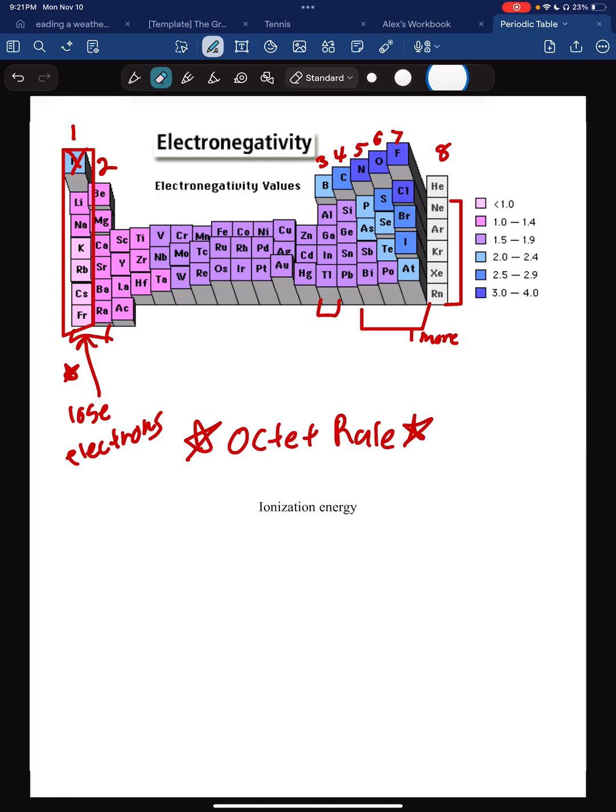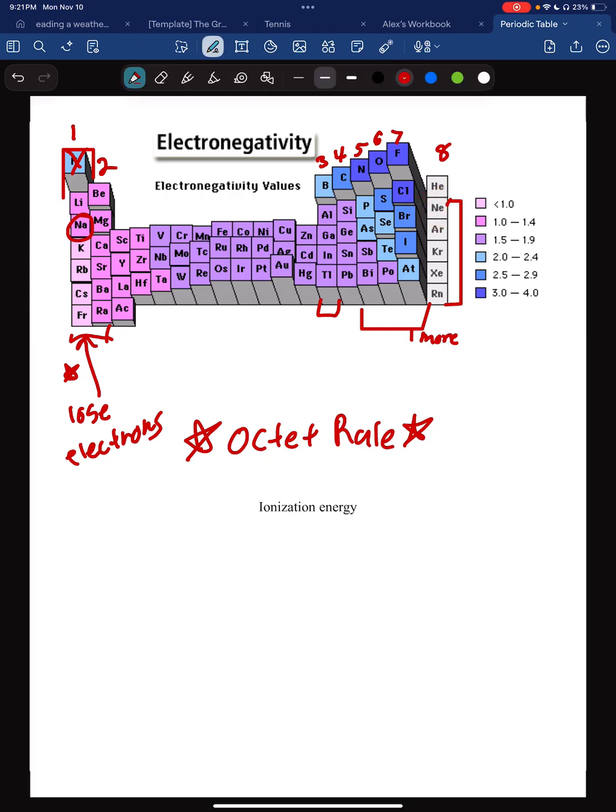Because if they lose electrons, they fall back into the previous orbital. For example, if we're looking at sodium, sodium has one valence electron. If it loses that one singular electron, it will have the same number of valence electrons as neon, which is way over here on the far right side.